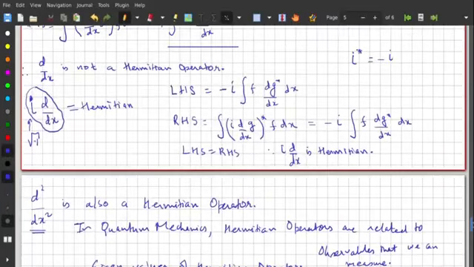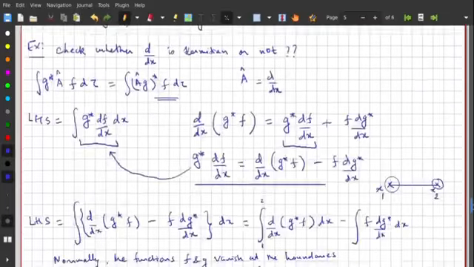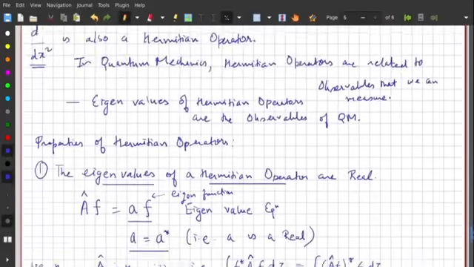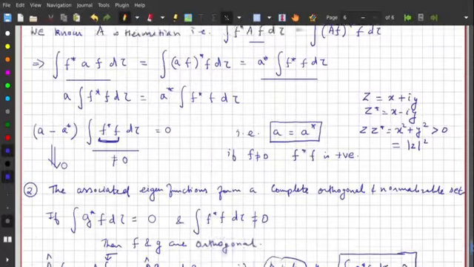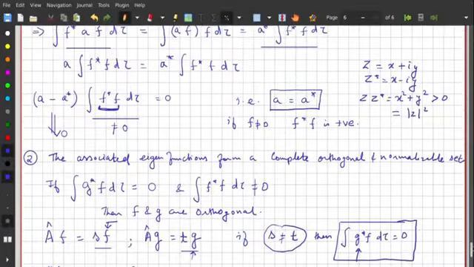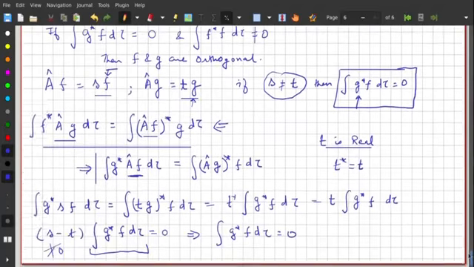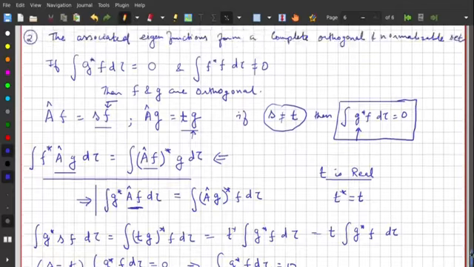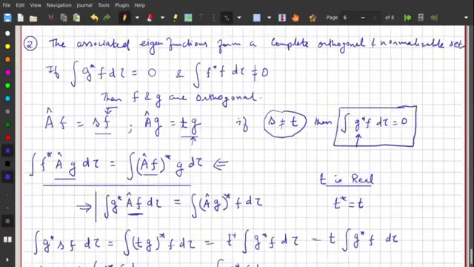We discussed what Hermitian operators are, and we saw two important properties: the eigenvalues of a Hermitian operator are always real, and the associated eigenfunctions form a complete orthogonal basis set. And if it is orthogonal, we can easily show it's normalizable. It's just a matter of scaling. That's what normalizable means.